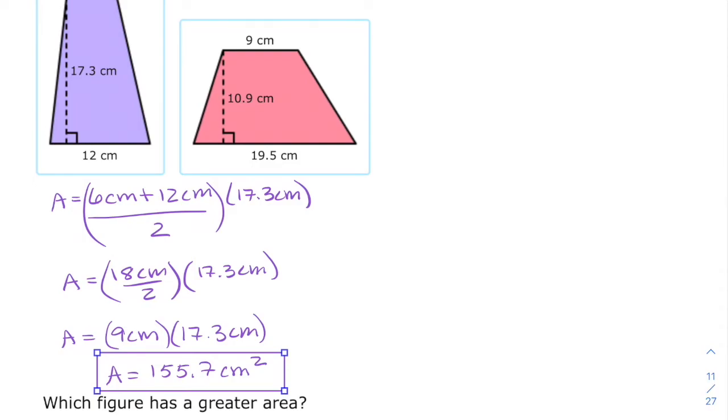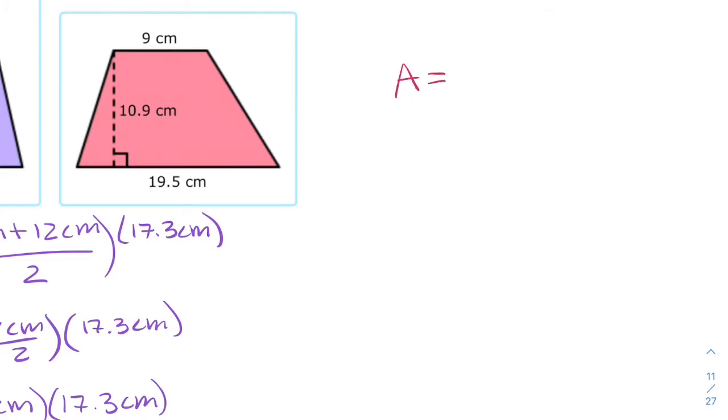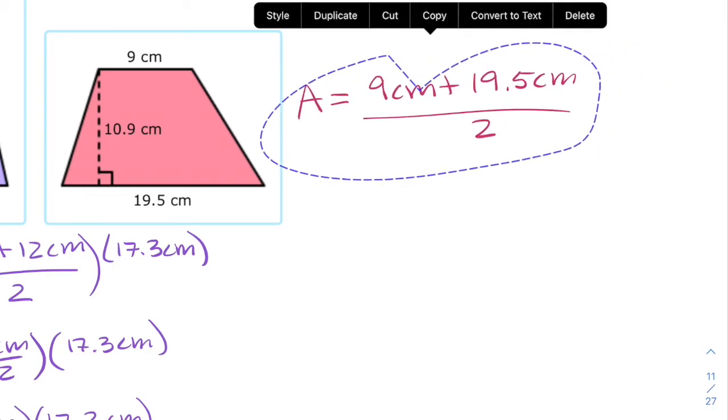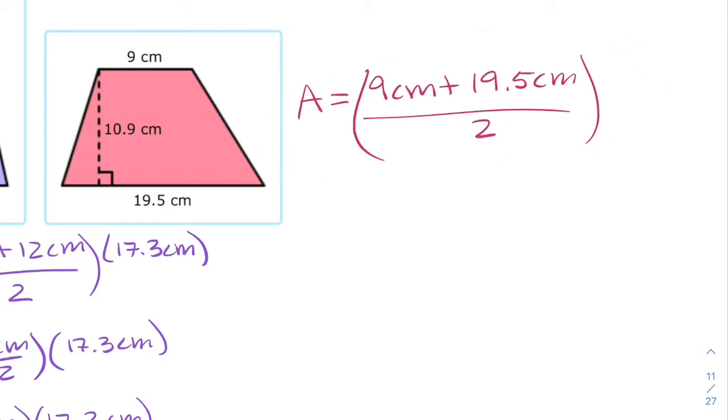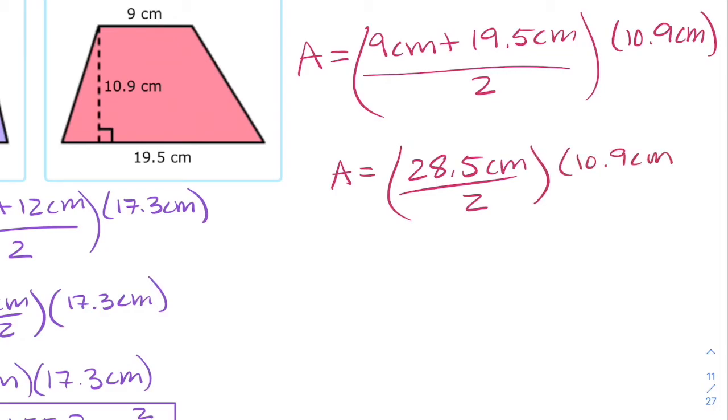Okay, this next one in red is area equals 9 centimeters plus 19.5 centimeters divided by 2, all times 10.9 centimeters. Okay, 9 plus 19.5. So I get area equals 28.5 centimeters over 2 times 10.9 centimeters.